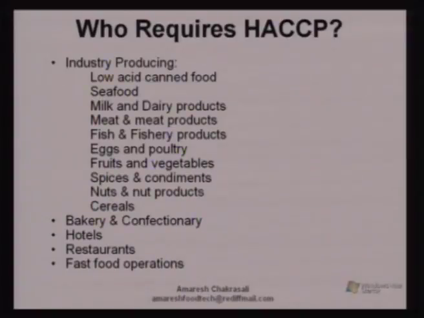That is why each and every facility which is actually producing food and related products should implement HACCP. Something like low acid canned food, seafood, dairy, poultry, fruits and vegetables, everybody requires HACCP to be implemented.